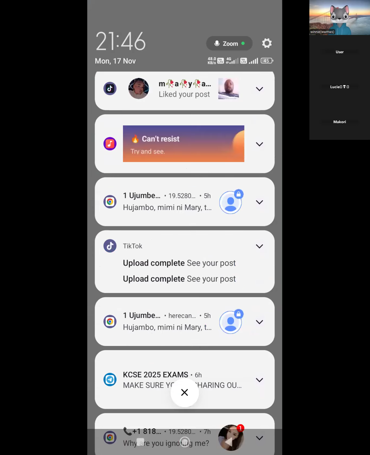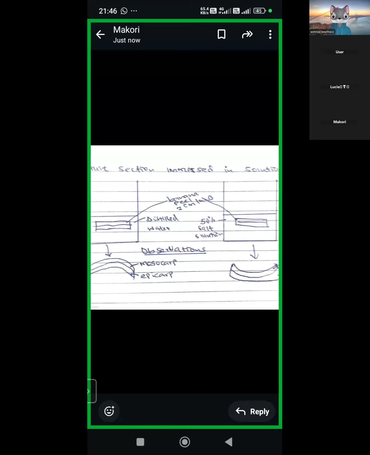Then the other one is that if you place the same section within the 50% salt solution, then the cells that allow water to pass into them are the ones of the mesocarp. So they will lose water to the salt solution because the salt solution is hypertonic.